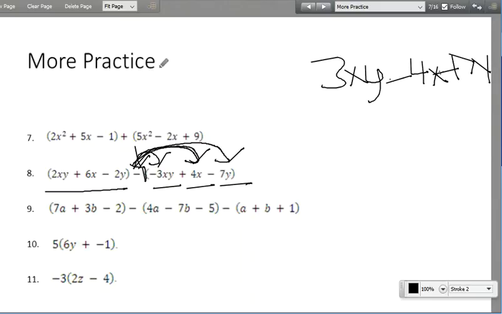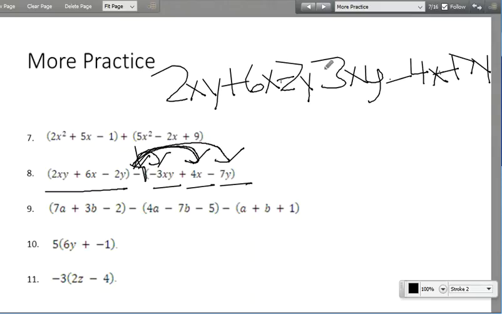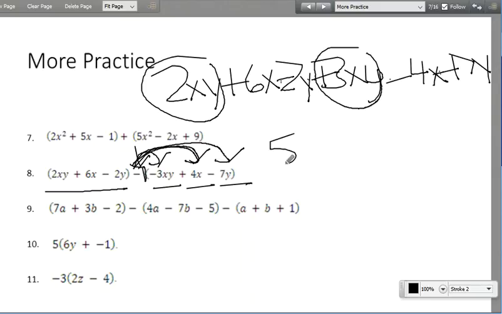Now we can take the 2xy, the positive 6x, and the minus 2y, and we can combine them with these other terms. So we have 2xy, we can combine with 3xy, so we're just going to add the coefficients. That becomes 5xy.